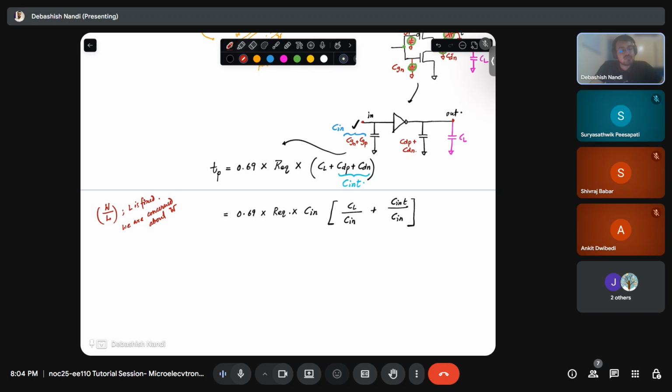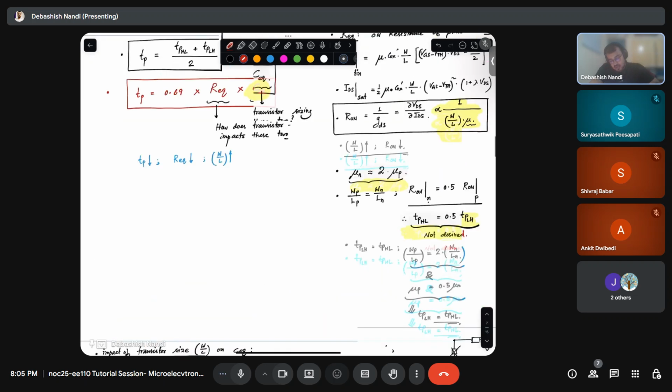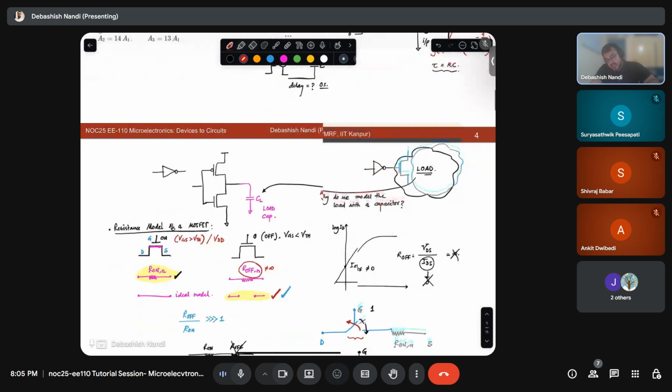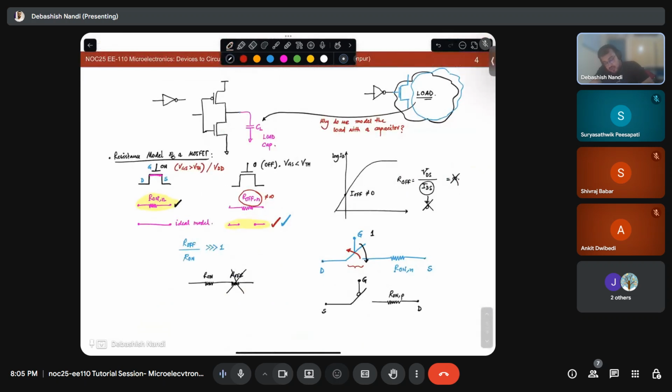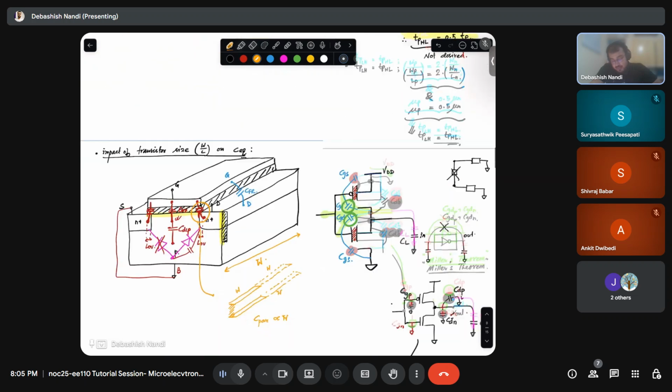If your length is very short, you will face severe short channel effects. Your curves will look like this, so your off current increases. You pay a price in your I off if you decrease the length, so we generally don't do that. We play with the W mostly.